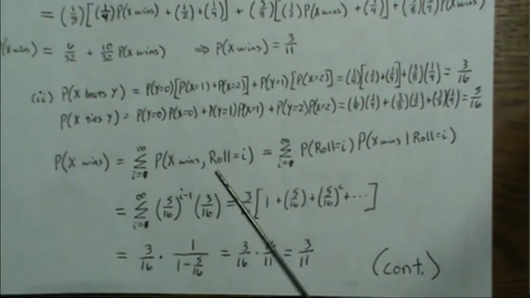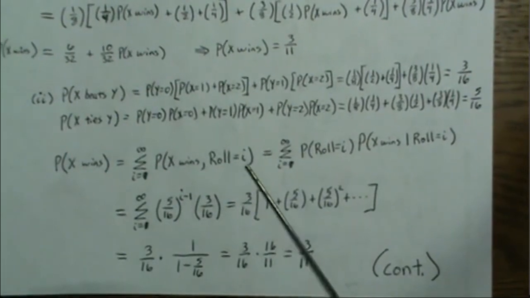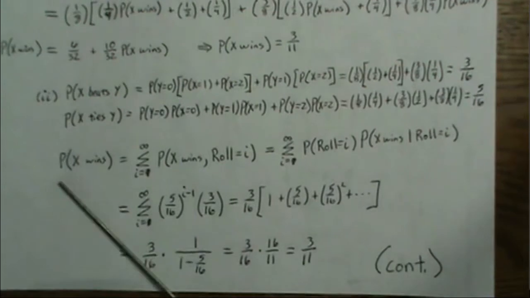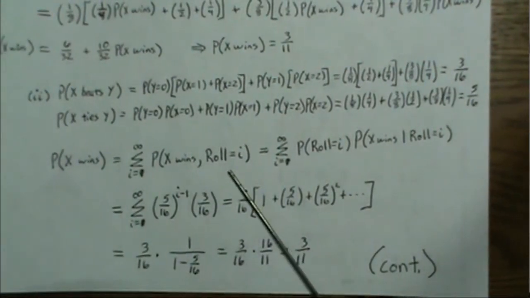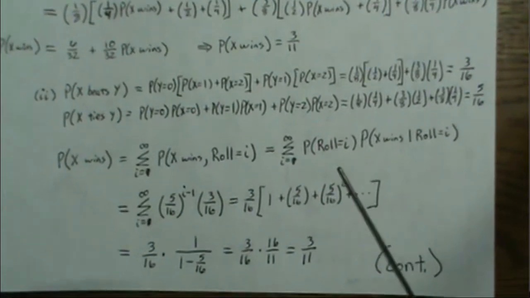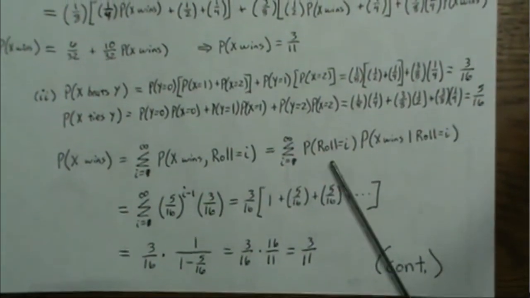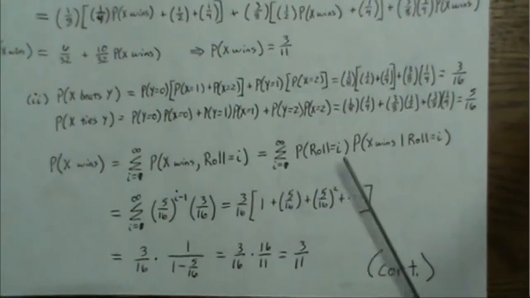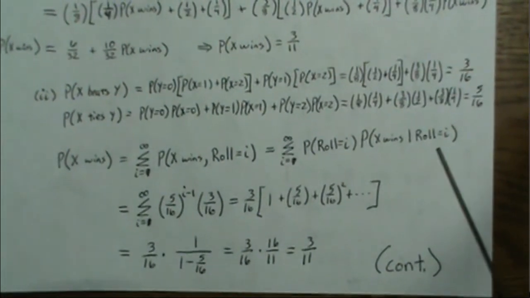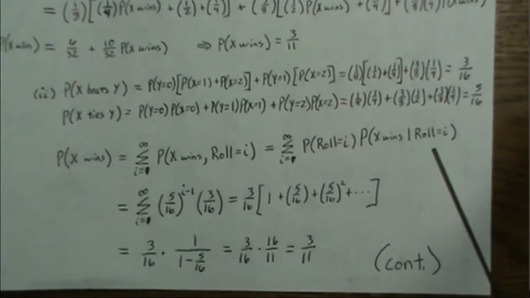Now we're going to introduce a variable called roll, and roll goes from 1 to infinity. This doesn't affect the probability that X wins because we're summing over all possible rolls. Well, this can be rewritten as the conditional probability that we're on roll I times the probability that X wins given that we win on roll I.